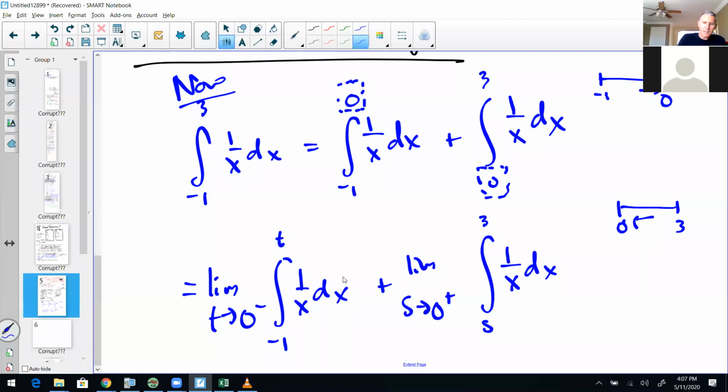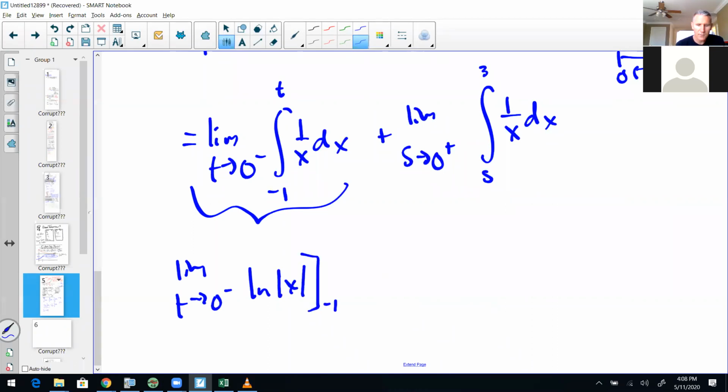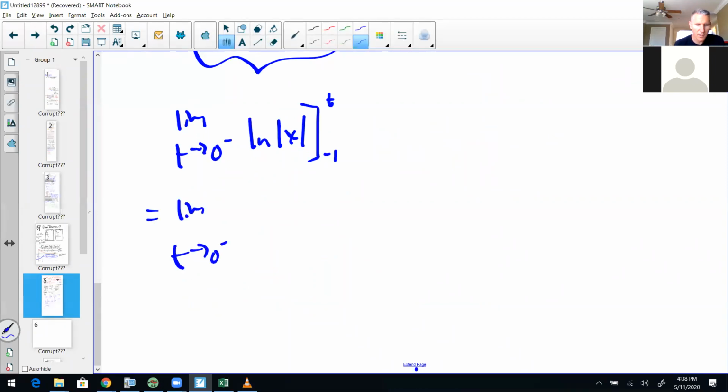And then you look at any one of these, and let's just say we focus on this guy right there. We would say, okay, this ends up being the limit as t approaches 0 from the left of ln of absolute value of x, going from -1 to t, which is equal to the limit as t approaches 0 from the left of ln of absolute value t minus ln of absolute value -1.